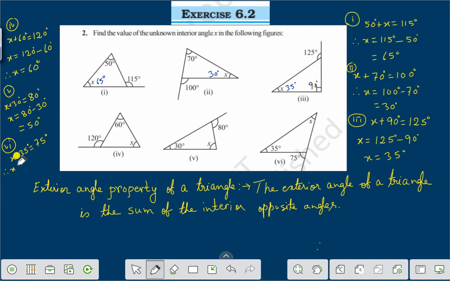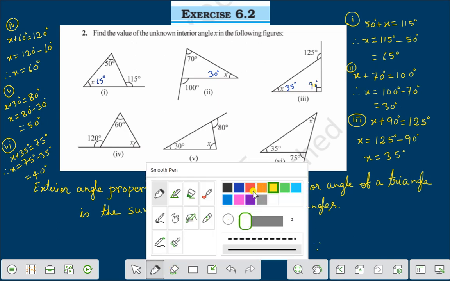Therefore, x is equal to 75 degree minus 35 degree, that is 40 degree. Therefore, x is 40 degree.